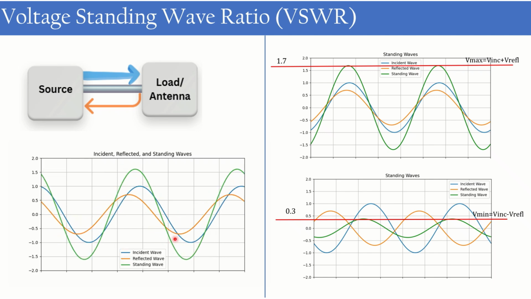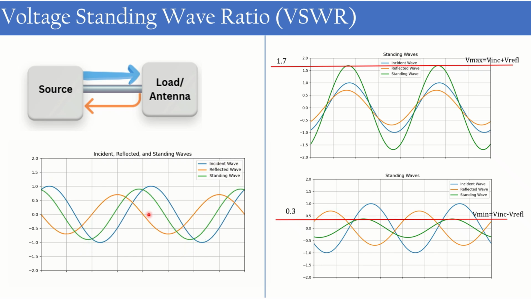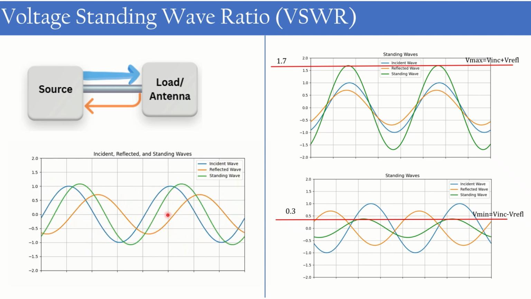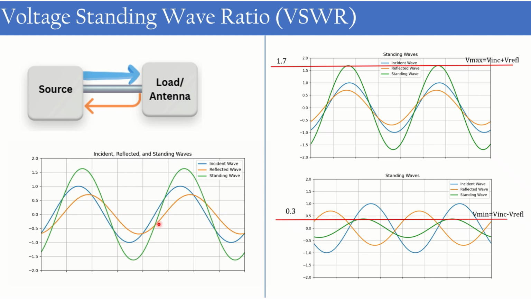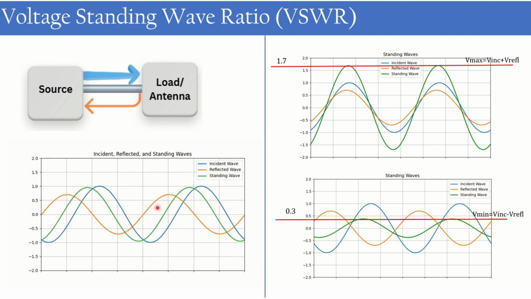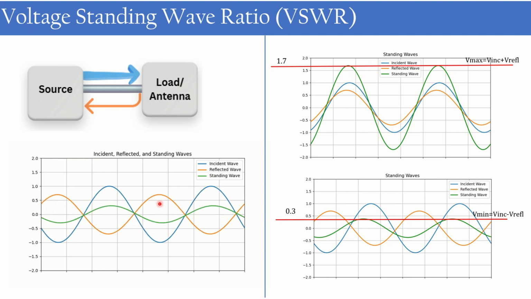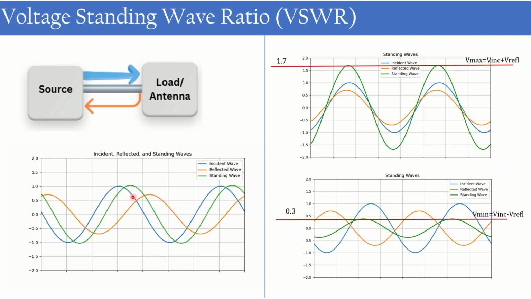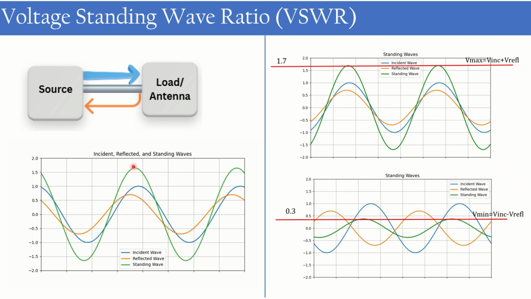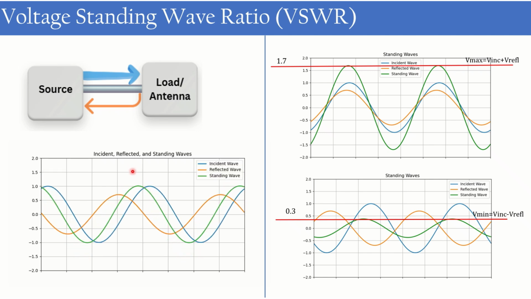This green line is the standing wave. When both are in opposing directions, that is destructive interference, the value of the standing wave becomes minimum, and when both are in the same phase, the standing wave reaches its maximum value.